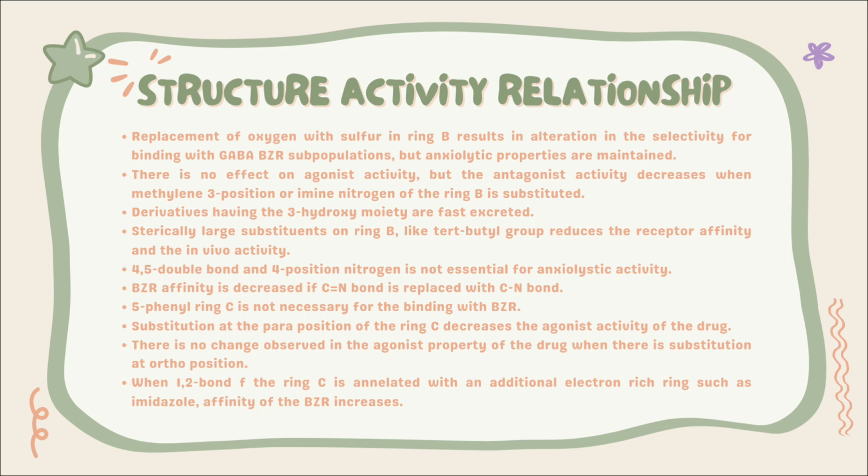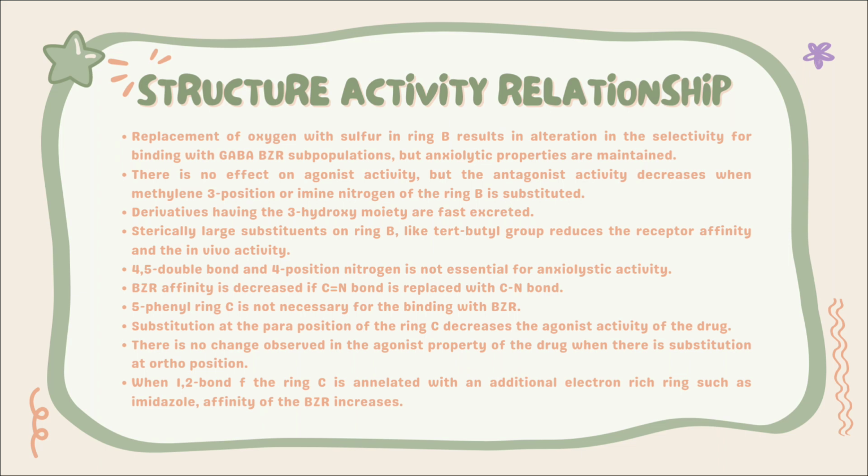Benzodiazepine receptor affinity is decreased if the C end bond or carbon nitrogen double bond is replaced with a carbon nitrogen bond. The 5-phenyl ring carbon is not necessary for the binding with the benzodiazepine receptor. Substitution at the para position of the ring carbon decreases the agonist activity of the drug.